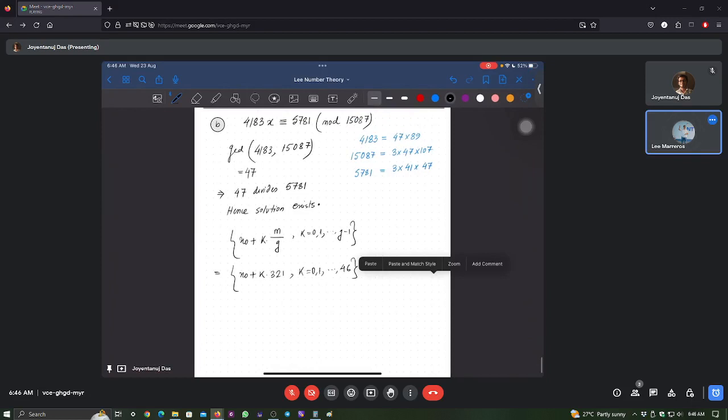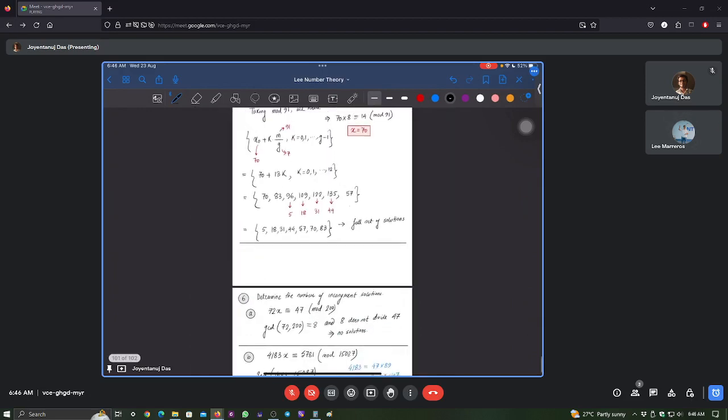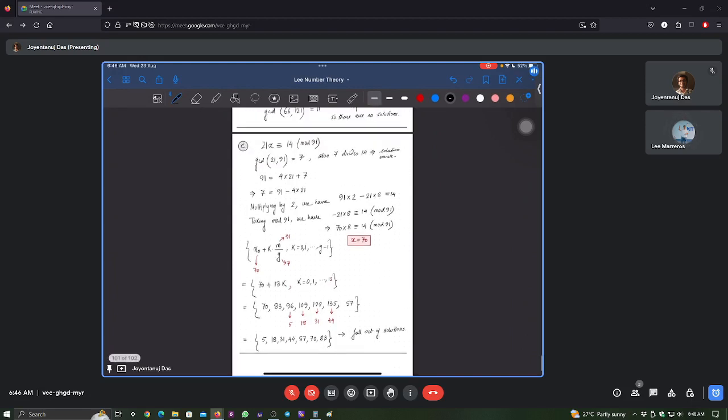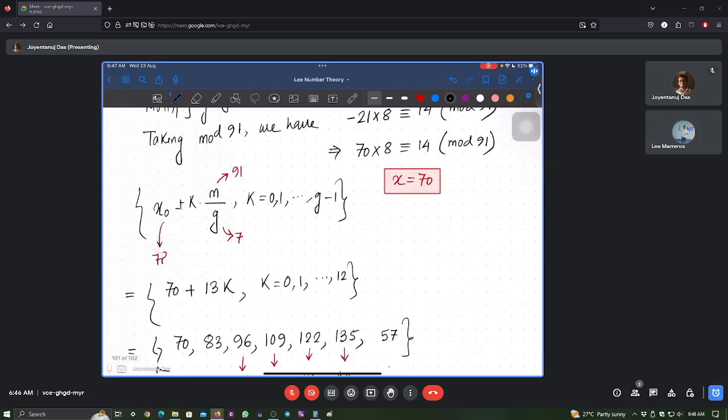Not necessarily, right? Let's go back to the previous problem. What was G there? G was 7, the GCD is 7. Here I think there was a mistake.